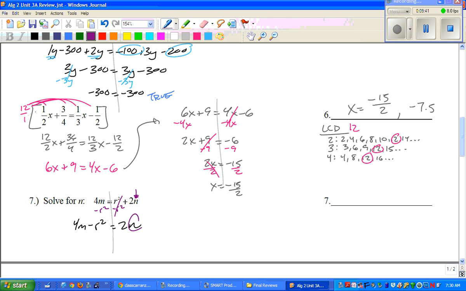Now the n's not by itself yet, so we have to divide by 2. And remember, we divide everything by 2. So our final answer for that would be 2m minus r squared divided by 2 equals n. Okay. m minus r squared divided by 2.